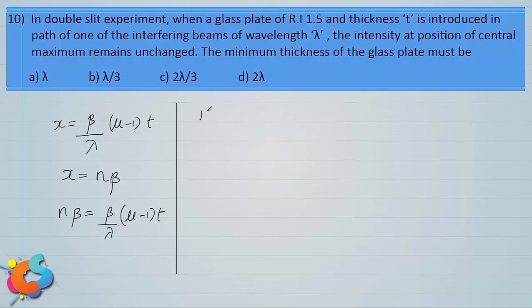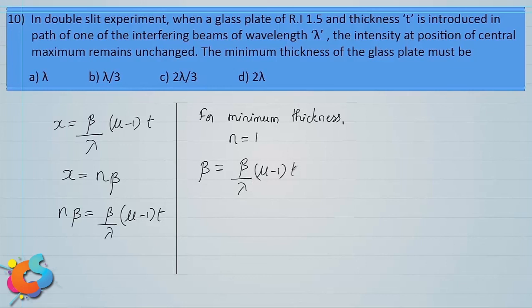But for minimum thickness, the number of fringes should be 1, which means that the first bright fringe should occupy the position of the central bright fringe. So therefore n is equal to 1. That makes beta equal to beta by lambda into (mu minus 1) into t.